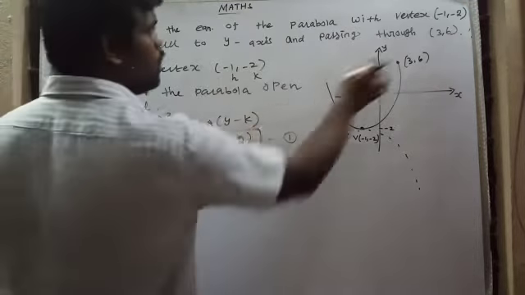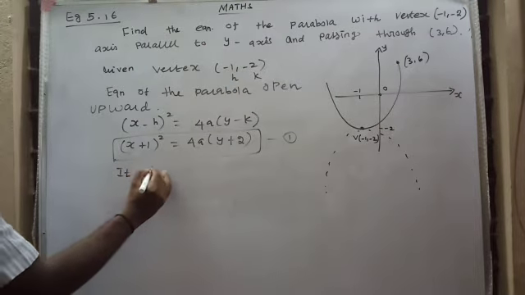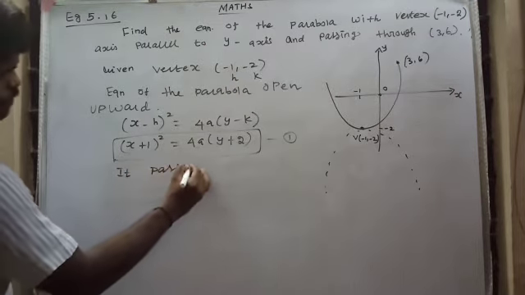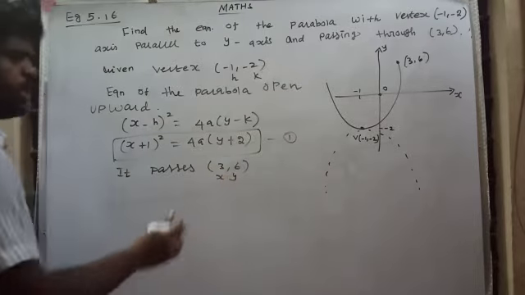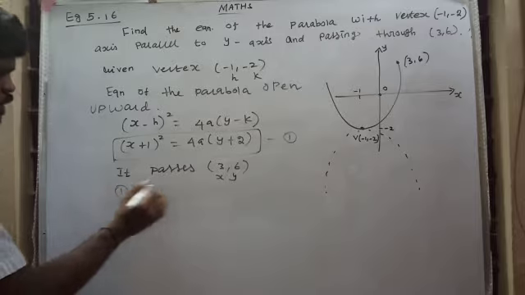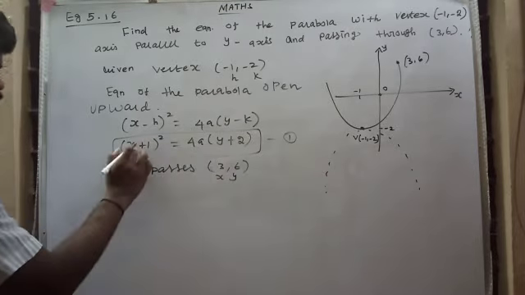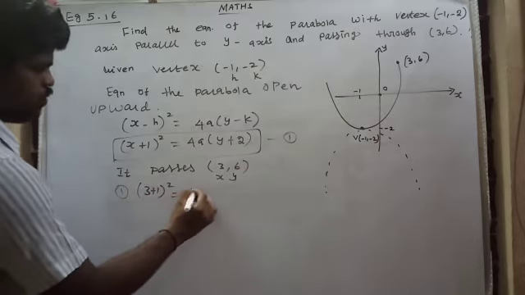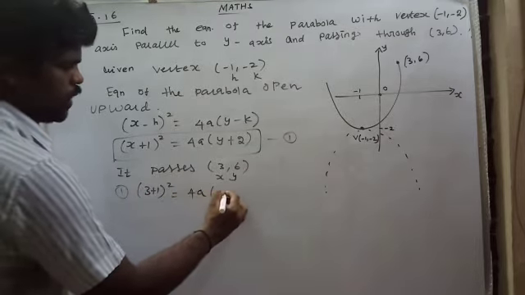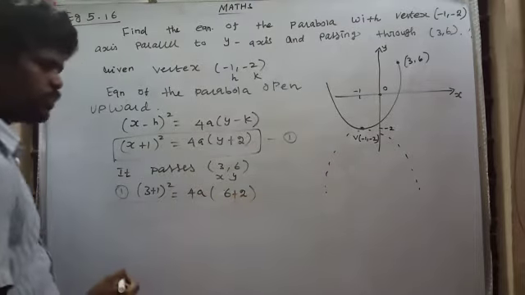This parabola passes through (3, 6), so this is x and y. Apply this point in equation 1. X is 3, so (3 + 1)² = 4a(6 + 2).